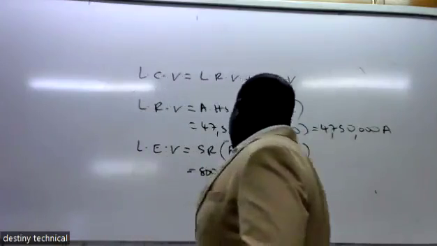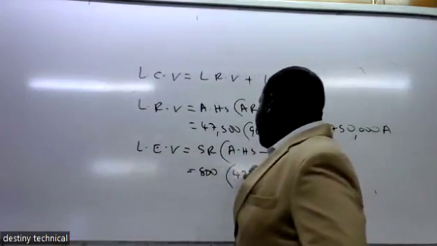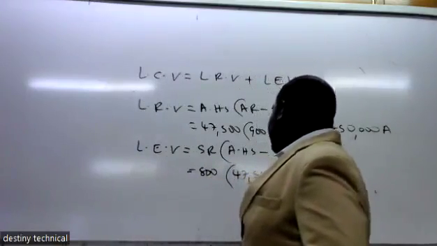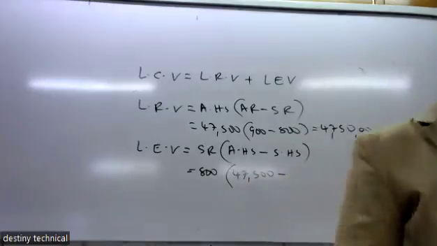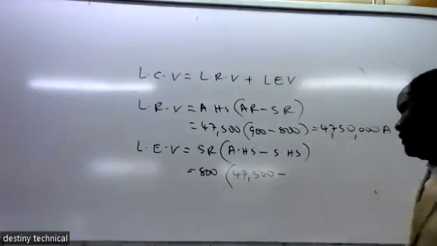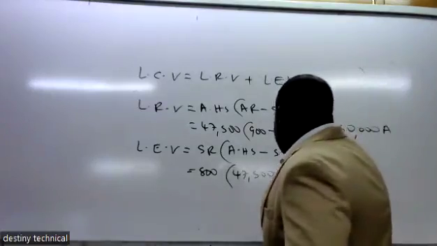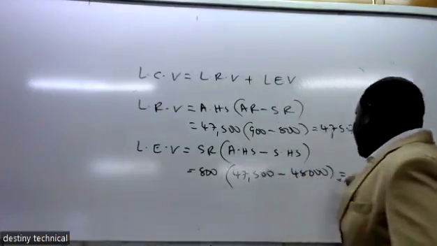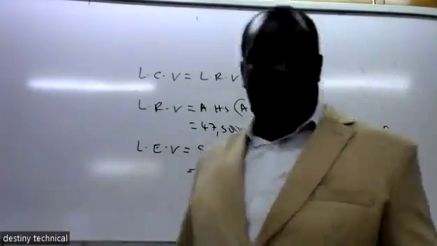Then actual hours are 47,500. Those standard hours are how many? 48,000. So this variance is favorable. That variance is meant to be favorable.